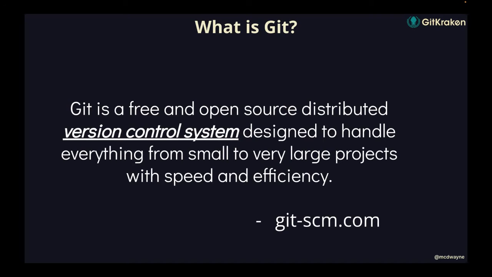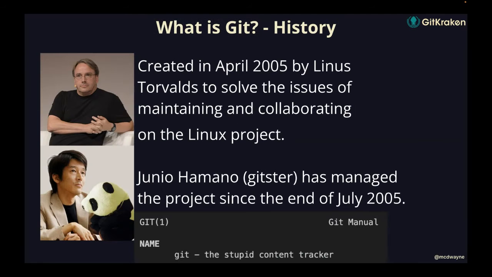Then save those files, make changes again, save them again, and then again write down what you changed. Write down some kind of an explanation for yourself in the future or for other people that will see those changes. And we repeat the process. That's the basic idea of version control. There's a lot of ways to accomplish that. Git is one of the ways to accomplish that.